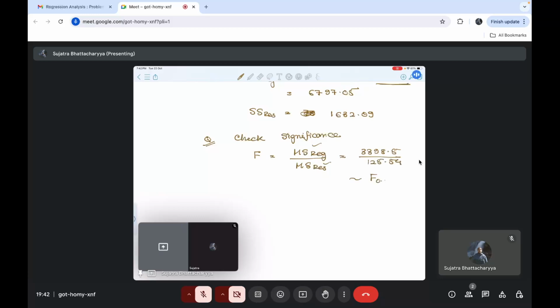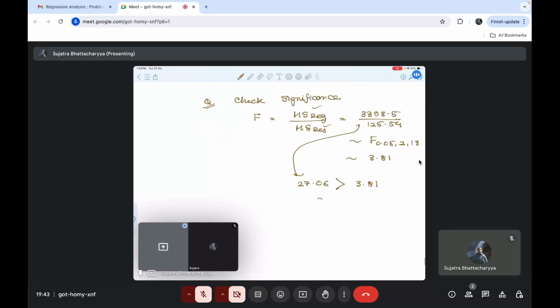F of 0.05, numerator 2 degrees of freedom, denominator 13 degrees of freedom. Already shown. This value is 3.81 and this value of F is 27.06, which is much greater than 3.8.